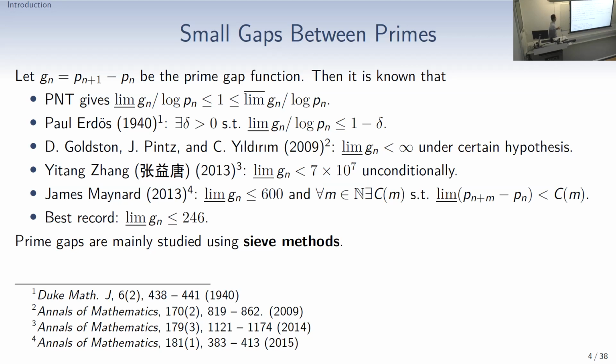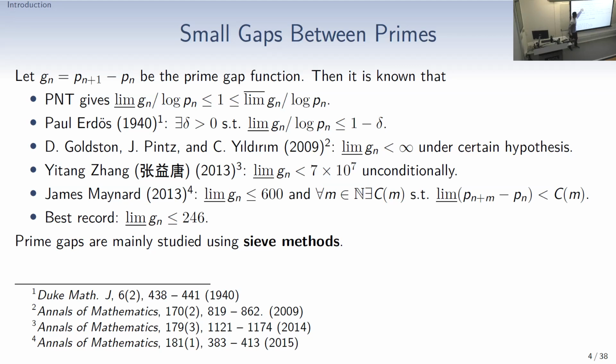This indicates that there is a constant such that G_n is less than that constant multiplied by log of p_n infinitely many times. So G_n will be dominated by a logarithm infinitely many times. On the other side, G_n is also greater than a logarithm infinitely many times. So this is actually giving a two-sided result.